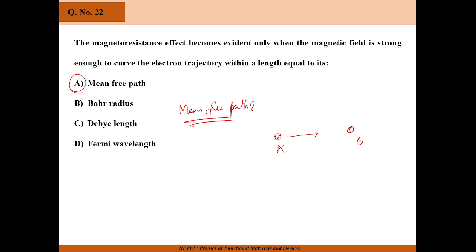The magnetoresistance effect becomes evident only when the magnetic field is strong enough to curve the electron trajectory within a length equal to its mean free path, which is the distance a particle travels between two consecutive collisions.